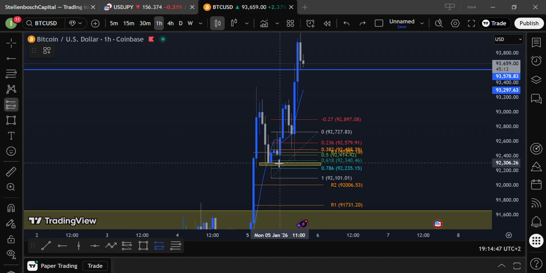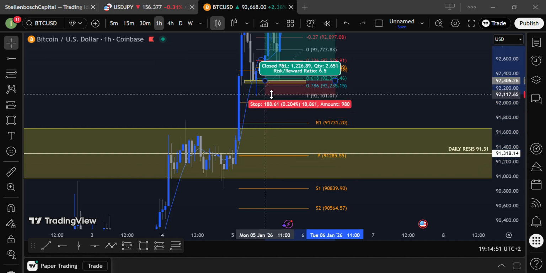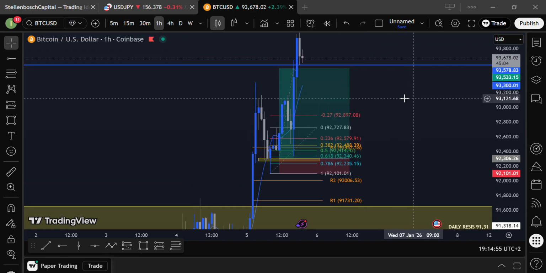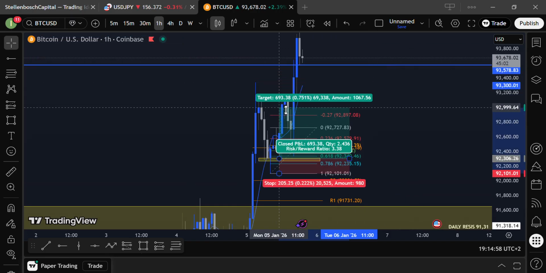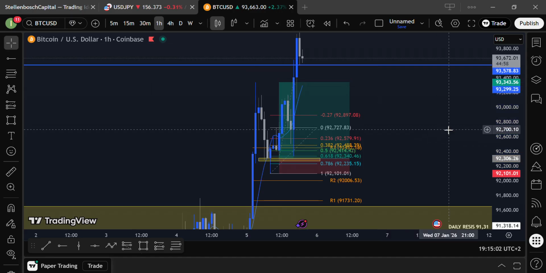I took my position tool like this. I put my stop loss right there below, right? I was aiming for that high. I did that, and then price just went my way.